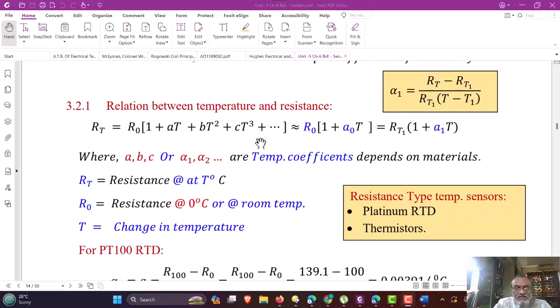In metals, the relation between temperature and resistance is quite popular and was studied earlier in the 12th class also. The following equation gives the change in resistance of the metal wire with respect to change in temperature. RT is equal to R0 into bracket 1 plus alpha T plus beta T square plus C T raised to 3 and so on.